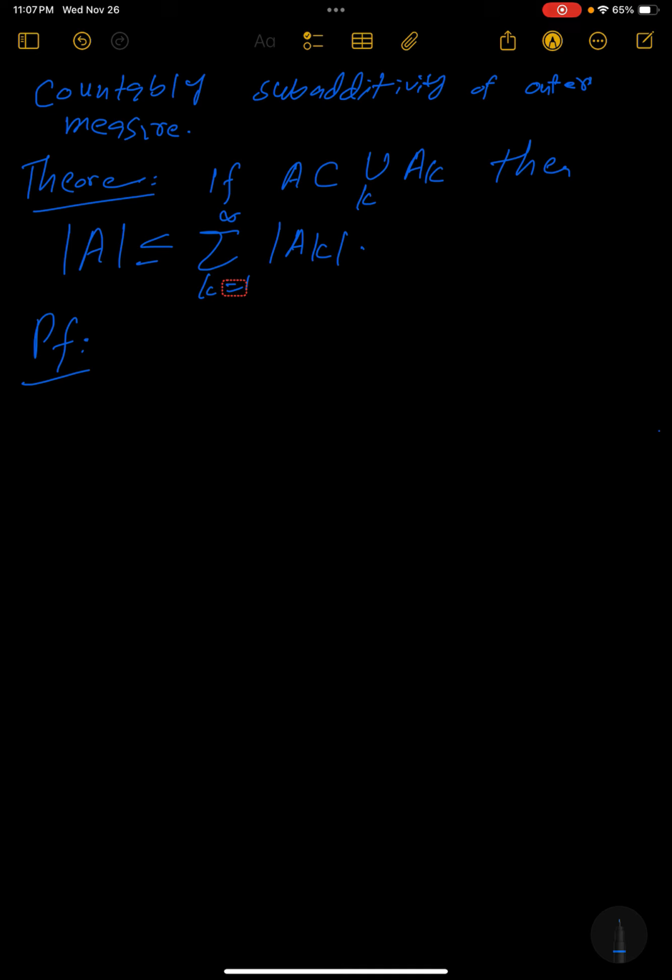Definitely, to prove this, if the right side sum is actually infinite, then there is nothing to prove, right? This is very obvious.